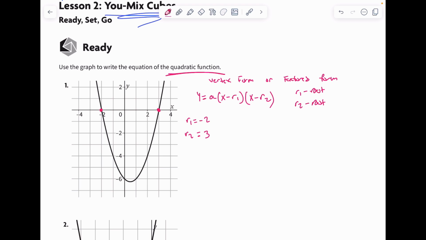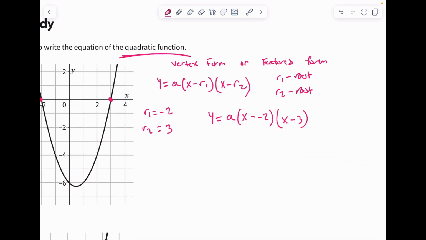Then y is equal to a, the leading coefficient, we'll solve that right now, times x minus -2 times x minus 3. Really quick, we can simplify this to make it look nicer. y is equal to a, x minus a negative becomes a plus, so it becomes x plus 2, x minus 3, okay?